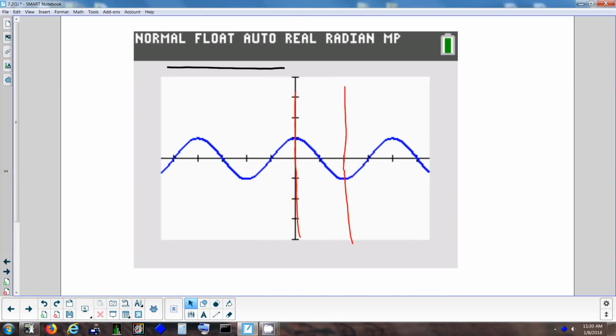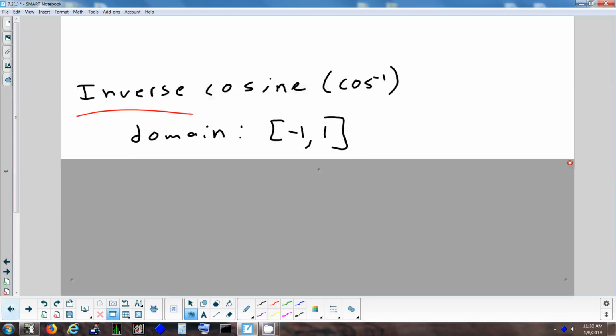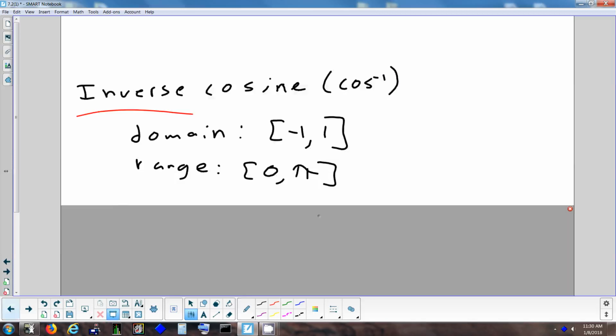So now we have found an area we can focus on to make the inverse. That's 0 to 180. So for inverse cosine, if we restrict the domain from 0 to pi, we're good. The domain is going to turn into the range, 0 to pi.